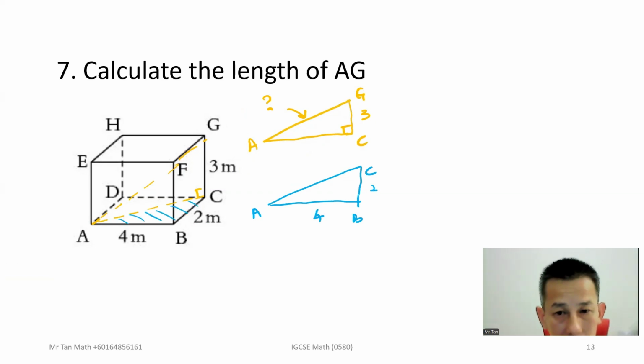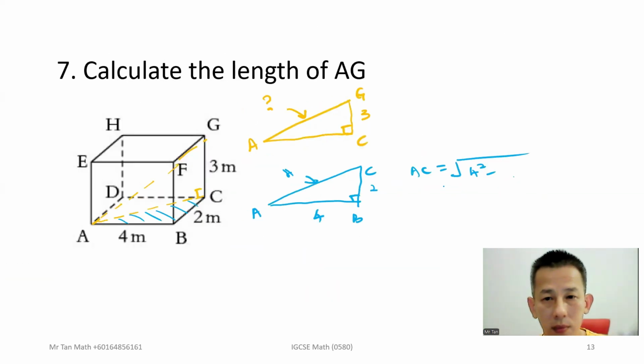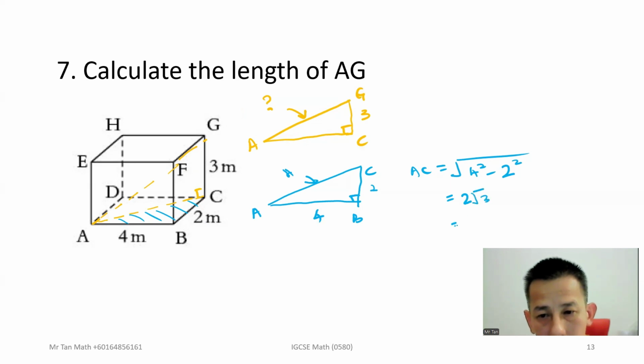So you have a right angle triangle here. You are dealing with 2 right angle triangles. So first one, this AC is the hypotenuse. Therefore, AC is equal to square root of 4 square minus 2 square. You should get 2 root 3, equal to 3.46.